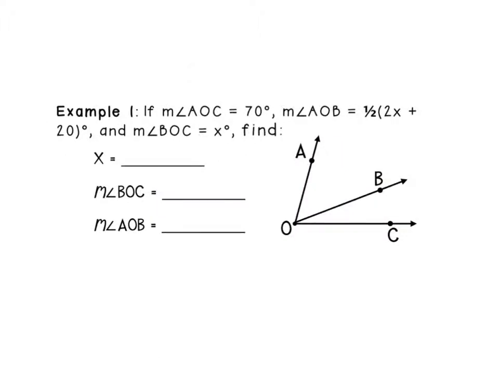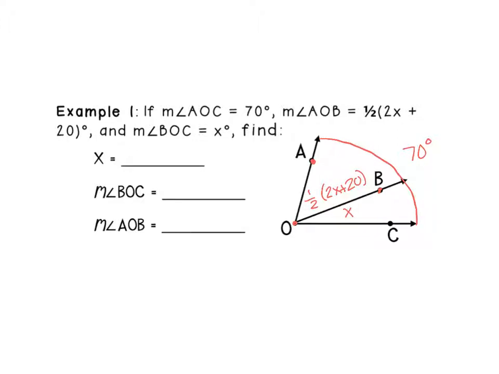So when I look at an example, if angle AOC equals 70, so AOC is that whole big angle, has to equal 70 degrees, and angle AOB, which is from here to here to here, is 1/2 times 2x plus 20, and angle BOC is x.